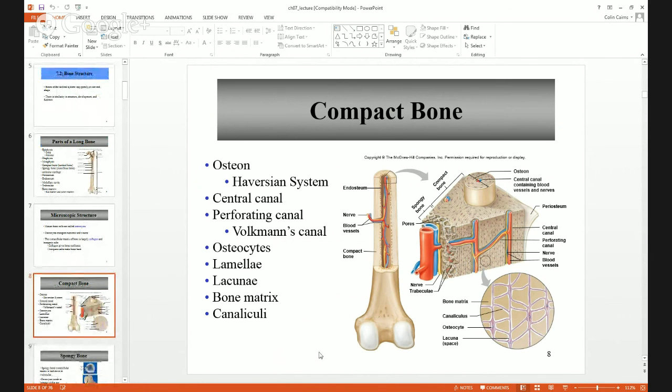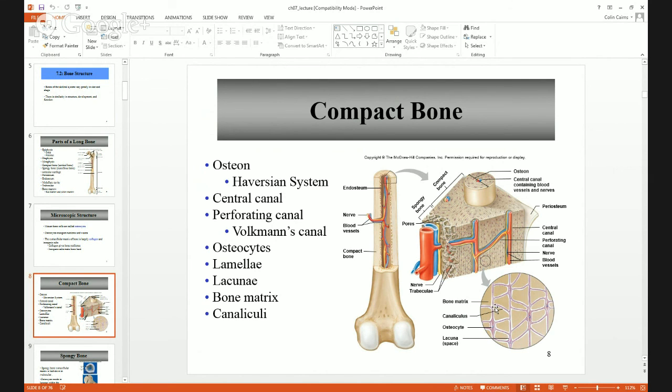Here's a cutout of a compact bone. The osteon, that's a Haversian system. It's circular. It has a central canal running through it, a perforating canal, and a Volkmann's canal. The osteocytes are right there. There are lacunae, those are spaces.